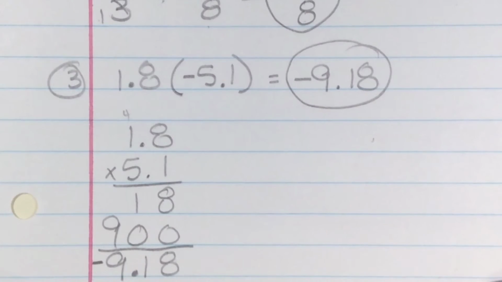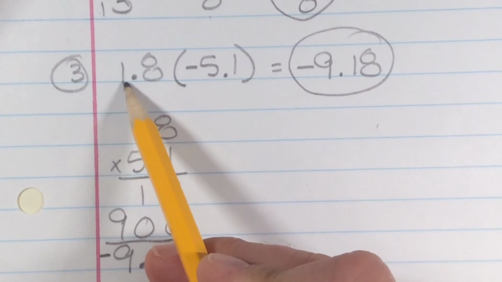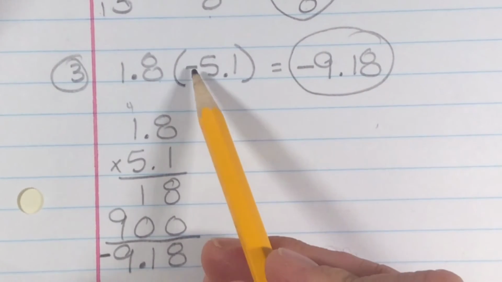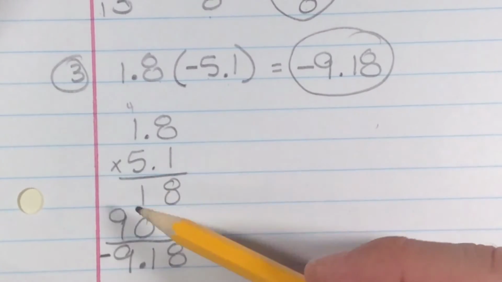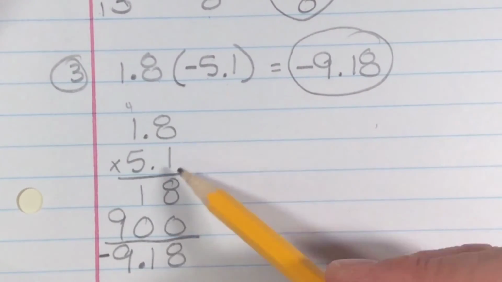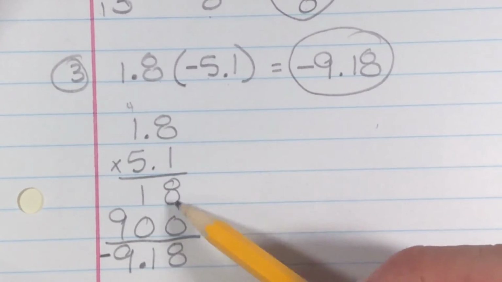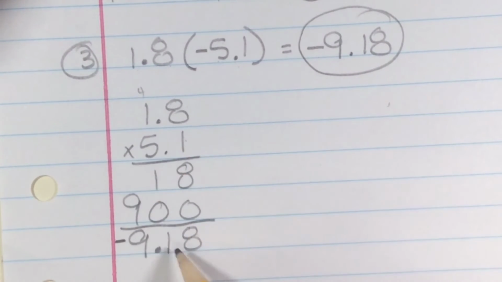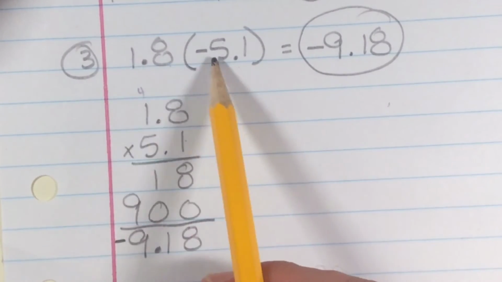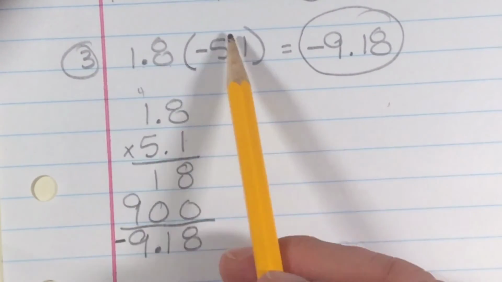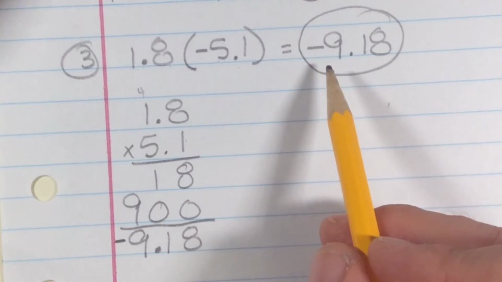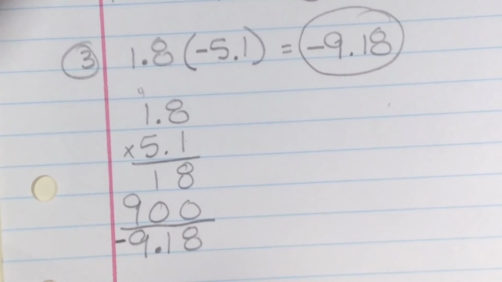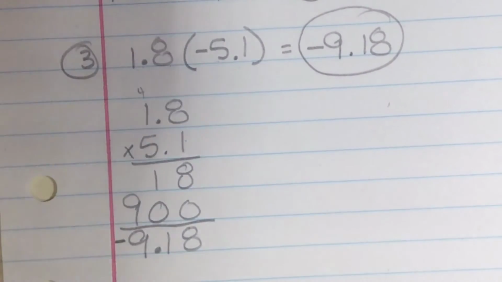Getting into the decimals, 1.8 times negative 5.1. So I line them up to multiply like this. I ignore the decimals, do my multiplication, and then 2 numbers behind the decimal means 2 numbers behind the decimal in my answer. There was one of each back in the original problem, a positive and a negative, which means my answer will be a negative 9 18/100.